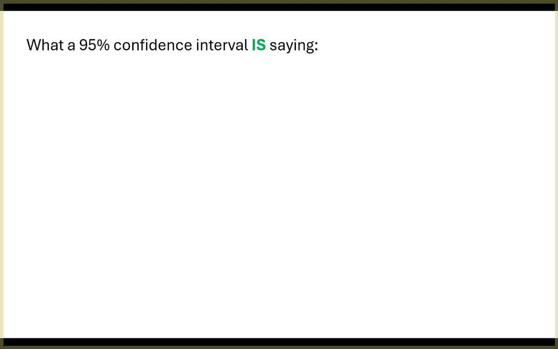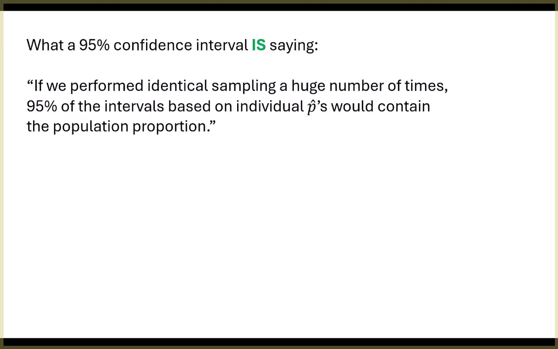Let's look at what a 95% confidence interval is saying, because there's a lot of ways you can make a mistake about this. So if I say I'm 95% confident about something, here's what that really means. That doesn't just mean I have a good feeling. It means this. That if we did this sampling over and over and over, thousands and thousands of times, we're going to get a p hat for each one of those samples.